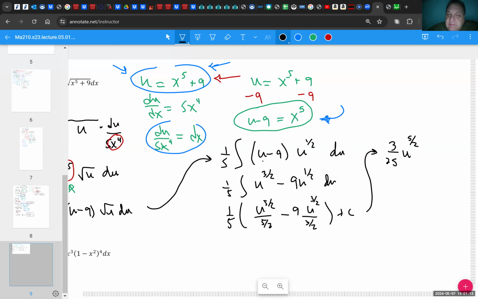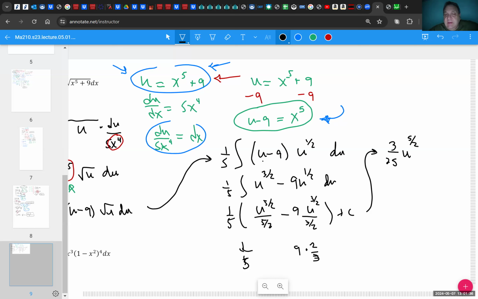And then I get 2/3 times 1/5 times 9. So this is 1/5, this is 9. That is divided by 3/2, which is the same as times 2/3.